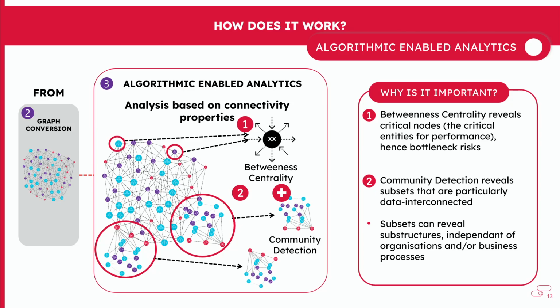These substructures can be independent of a business process, or independent of a process related to a parameter in the information system. It could really be transversal to all that is already well known in the information system.